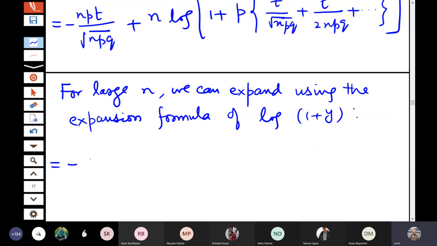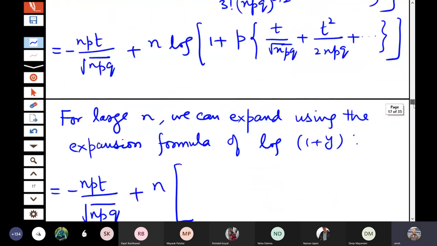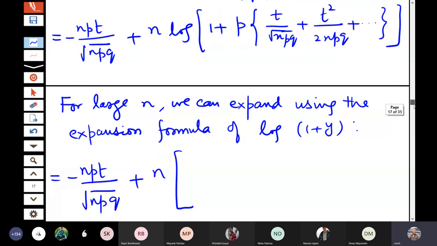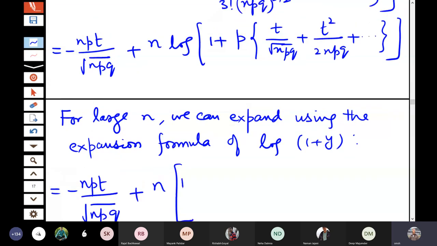That is equal to minus npt. We have to write the terms a little bit carefully. Plus n times log of 1 plus x, where log of 1 plus x is x minus x square by 2 and so on, isn't it? So here the term is p and all that. So it becomes p t by root npq.